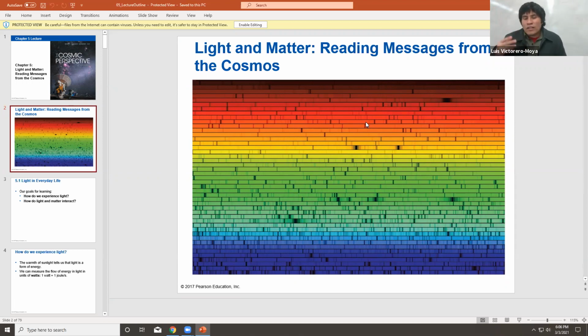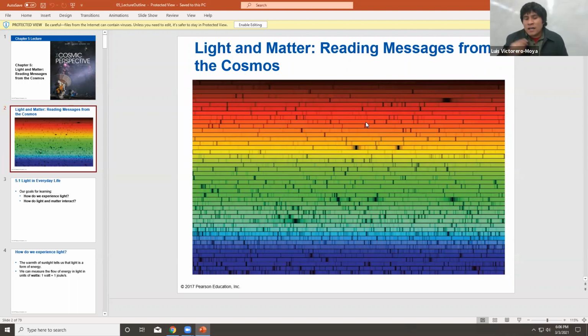We know that the outer layer of the sun has three different layers, and we want to study the photosphere, the chromosphere, and the corona, but there are atoms absorbing the light being radiated by the sun, the light being produced by nuclear fusion in the core.